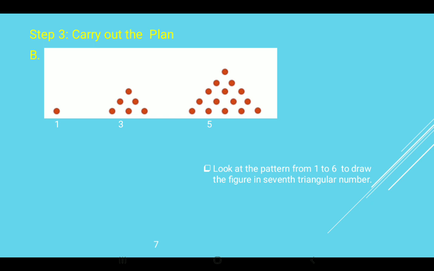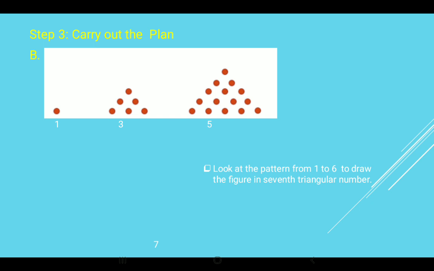So, in this case, hanggang 7th term. So, ibig sabihin, numbers from 1 to 7, i-add natin, then the sum is the number of dots in the 7th term.